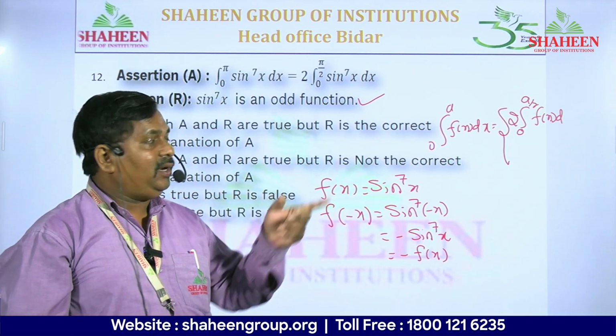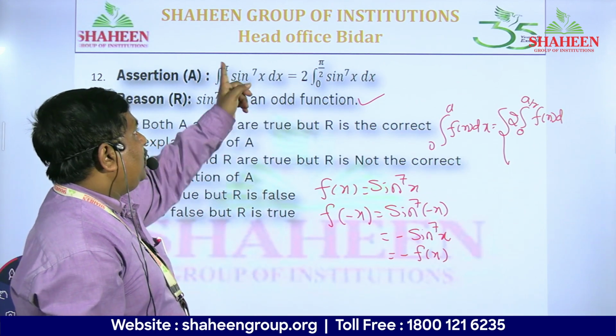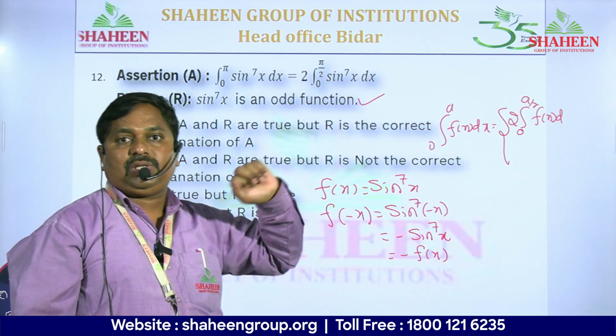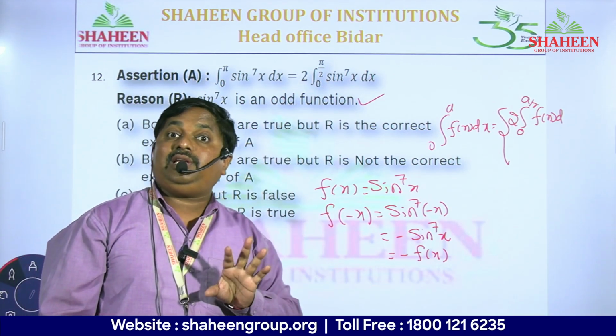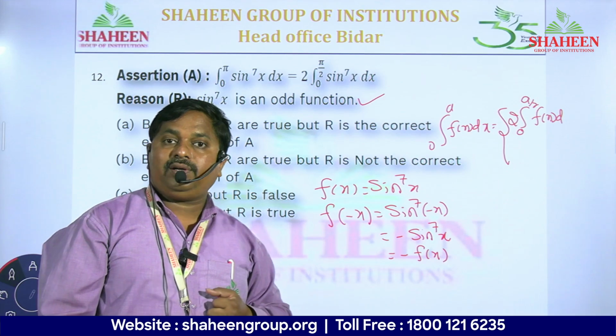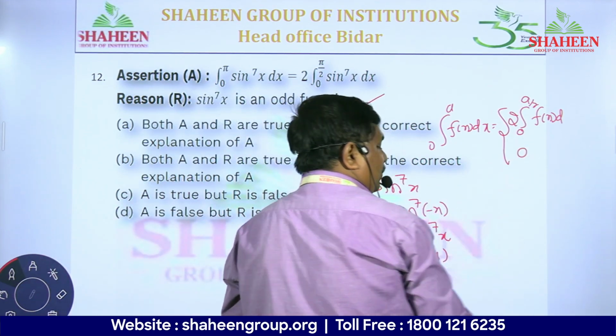Here we have 0 to pi, then 2 times 0 to pi by 2. The formula is used if the given function is an even function, but the given function is an odd function. If it is an odd function, then its value is 0.